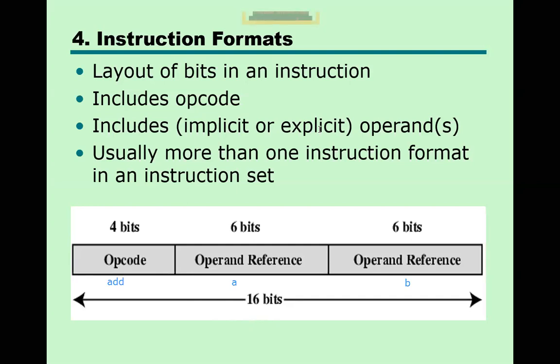So yes, many times we explicitly specify in an instruction, like here we have explicitly specified add A, B. It means we have to add A and B. And many times we write the instruction this way, like add A is enough.